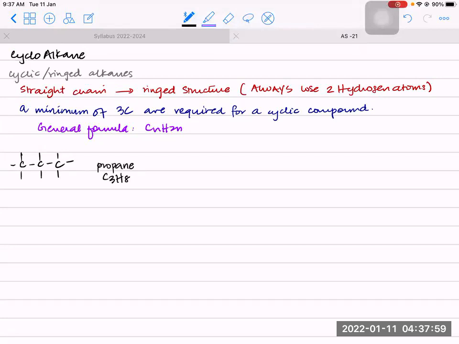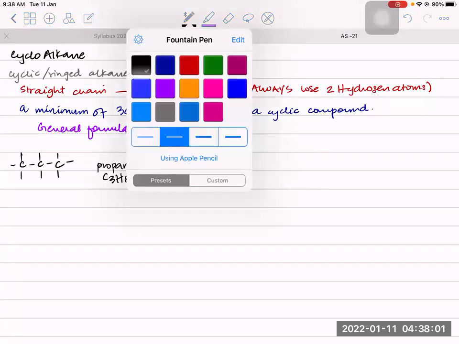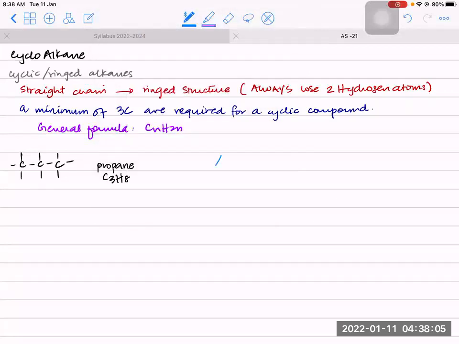Now you can make a cyclic compound, and that cyclic compound would be right here, where each corner represents a carbon atom. This is your cyclic compound, with 1, 2, and 3 carbon atoms.